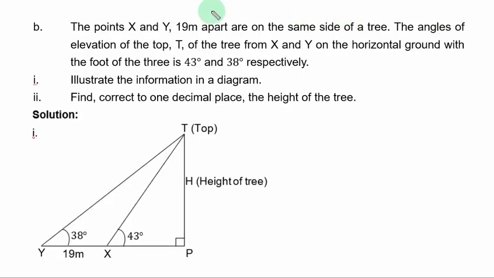Question 13b. The points S and Y, 19 meters apart, are on the same side of a tree. The angles of elevation of the top T of the tree from S and Y, on the horizontal ground with P the foot of the tree, are 43 degrees and 38 degrees respectively.